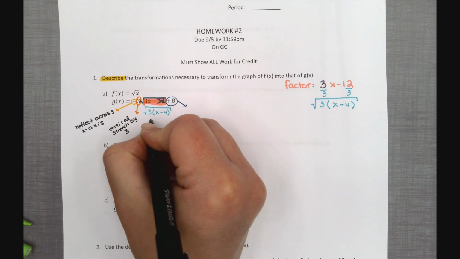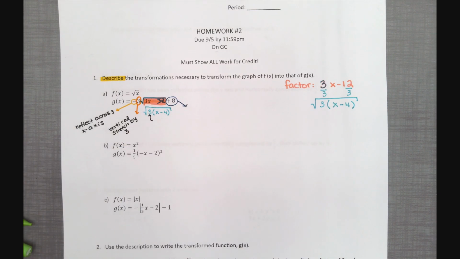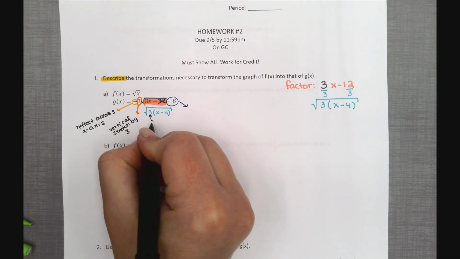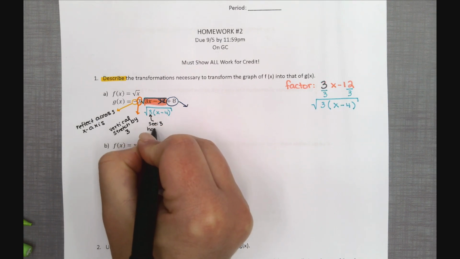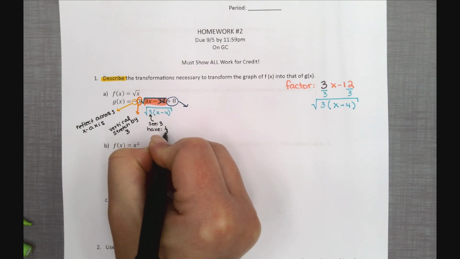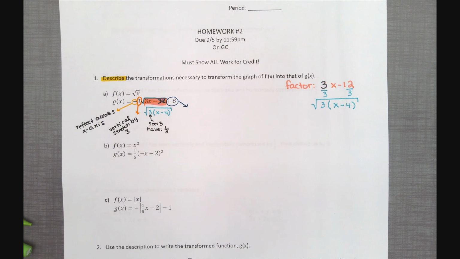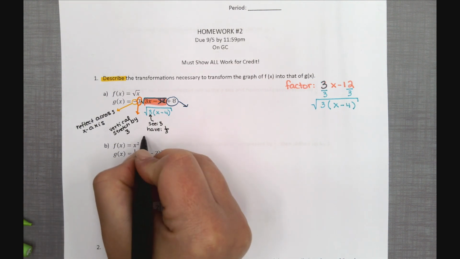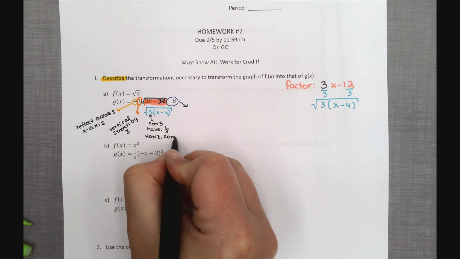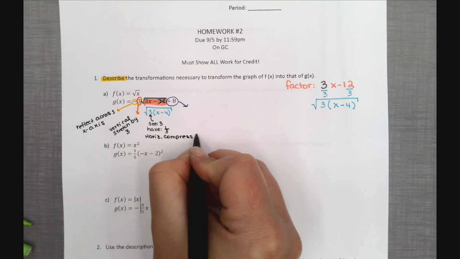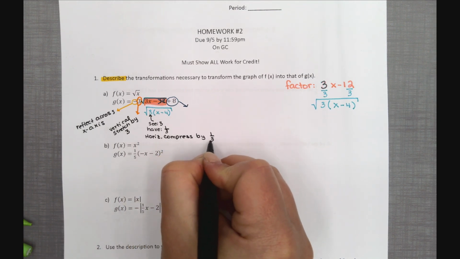Then we go inside of the function. Inside means opposite of what you have. So if I see a 3, that means I have a 1/3. And what that means is I have a horizontal compression by 1/3.